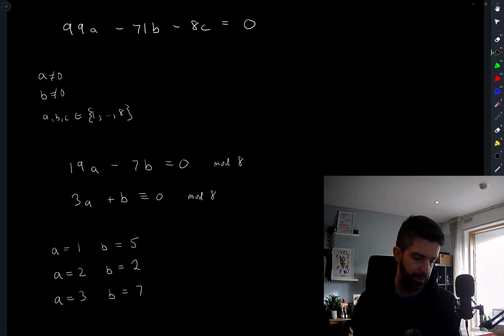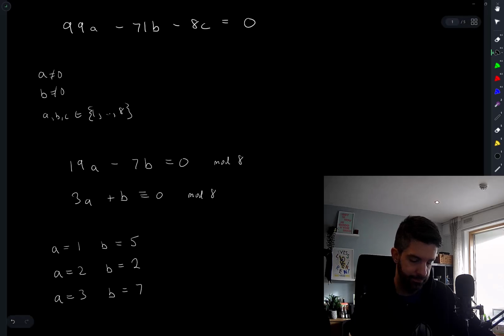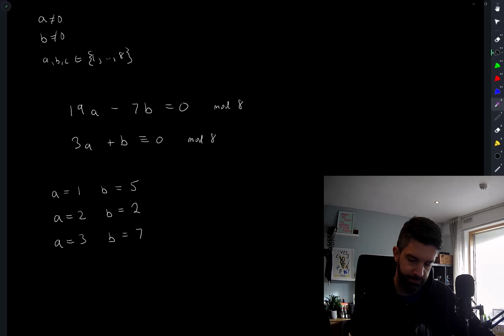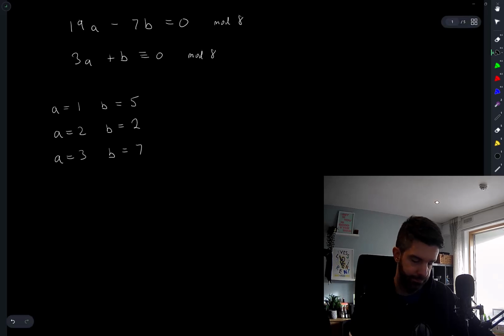Maybe this wasn't the best way to work it out. Right, I suppose every time we increase this by 1, we decrease this by 3 mod 8.